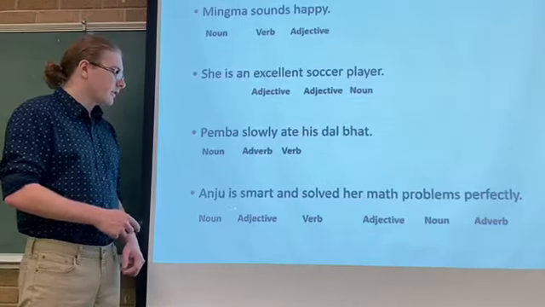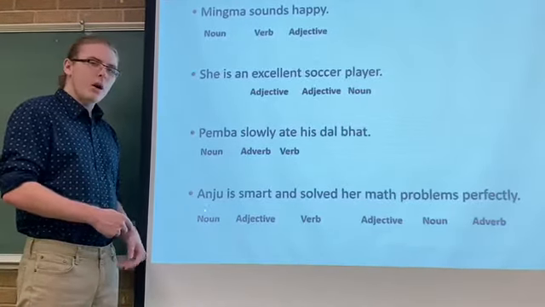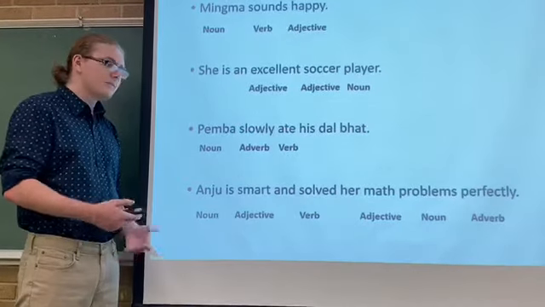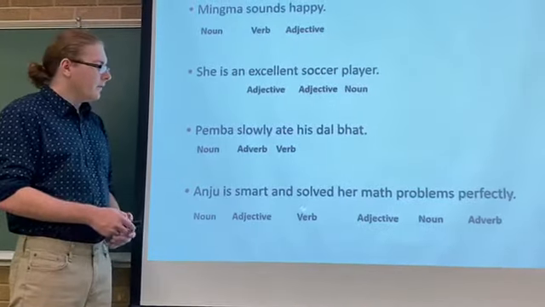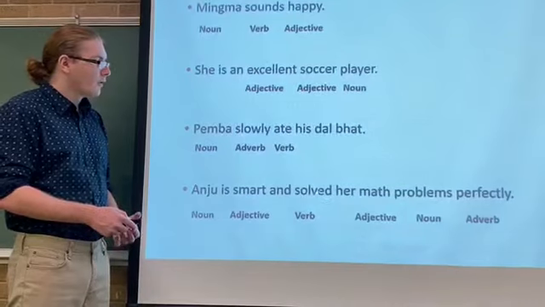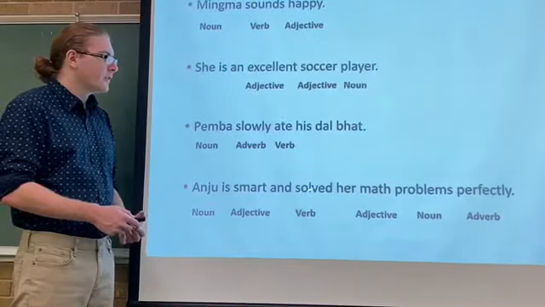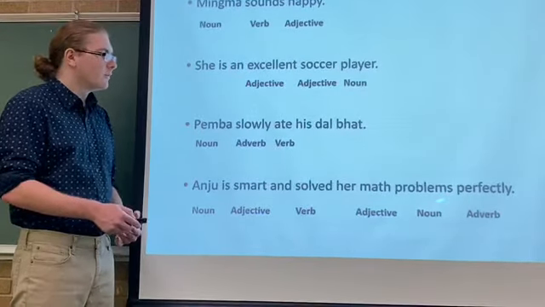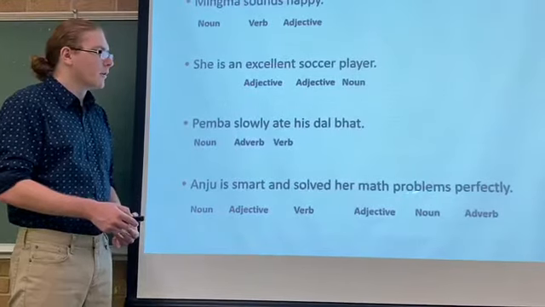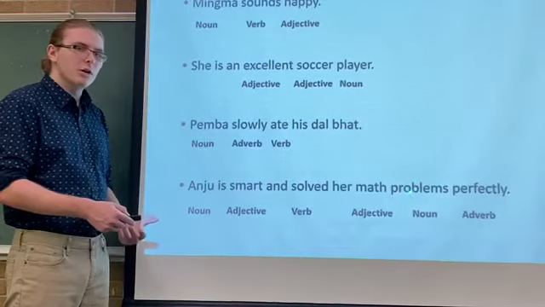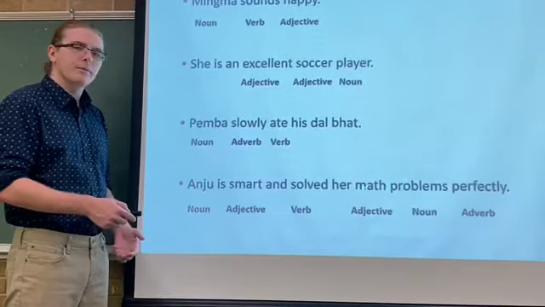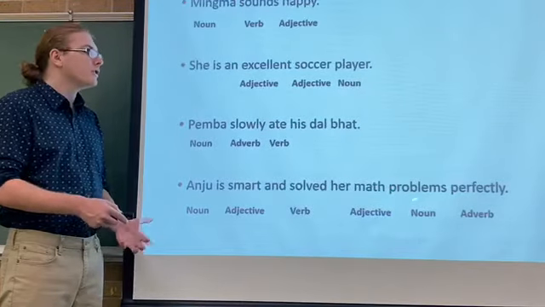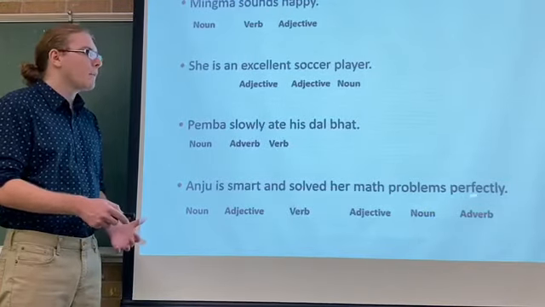She is smart. What is Anju? Anju is smart. And then we have our verb, which is solved. What did she solve? Her math problems. Which problems did she solve? Math. How did she solve her math problems? Perfectly.